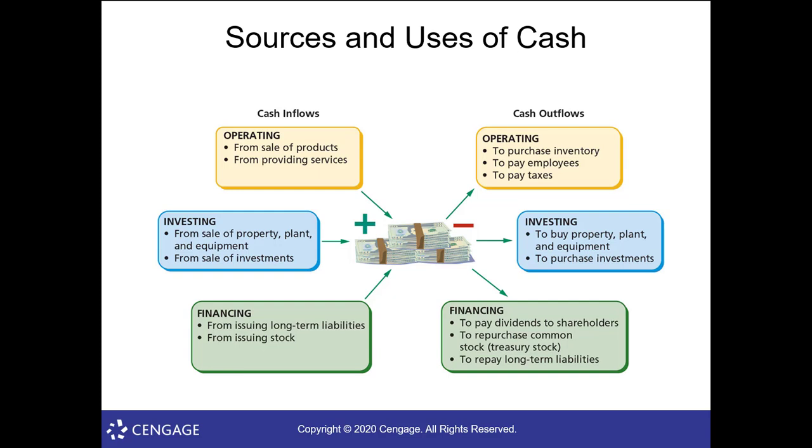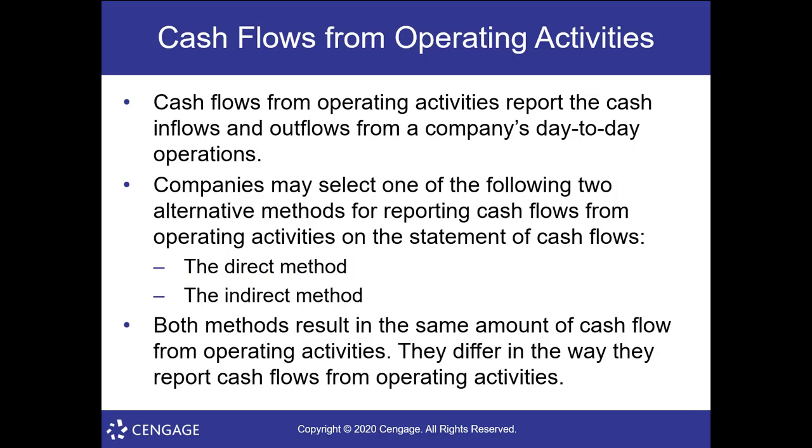Investing outflows are buying new tangible property, plant, and equipment, intangible assets like patents, trademarks, copyrights, and the like, and purchasing long-term investments. And then financing is issuing long-term debt or issuing new stock. Outflows include paying dividends to shareholders, buying treasury stock, or repaying long-term loans.